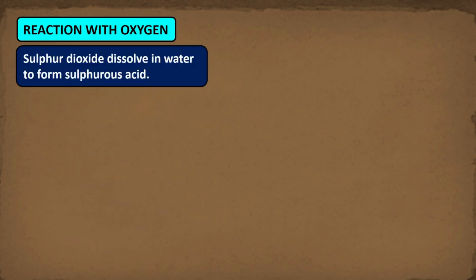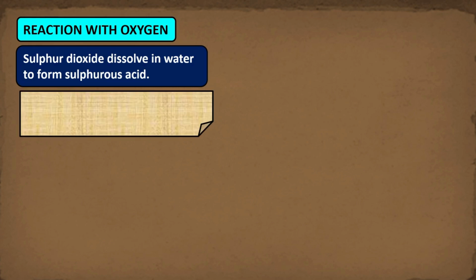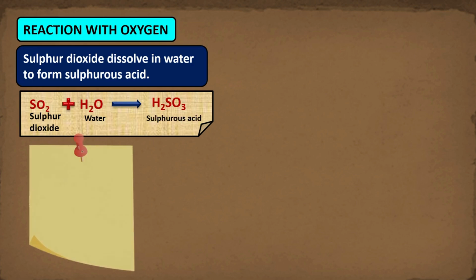Sulfur dioxide dissolves in hot water to form sulfurous acid. SO2, sulfur dioxide, plus H2O, water, gives H2SO3, that is sulfurous acid.